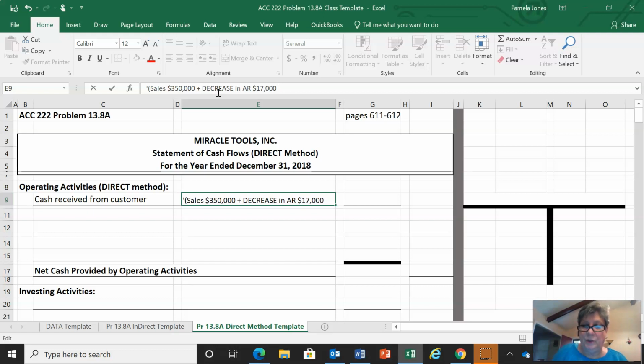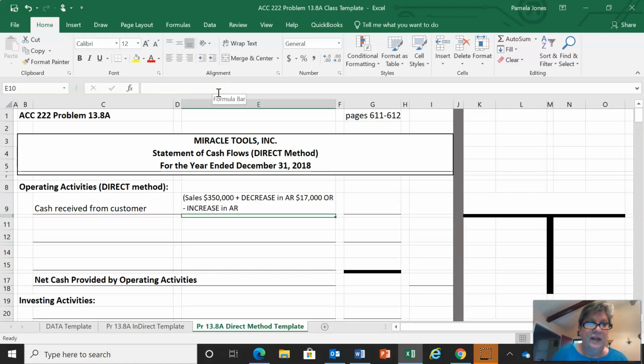The opposite would be true if it were an increase. We would subtract an increase in AR from sales. If accounts receivable increases, that means that we sold more on account than we collected from customers on account.